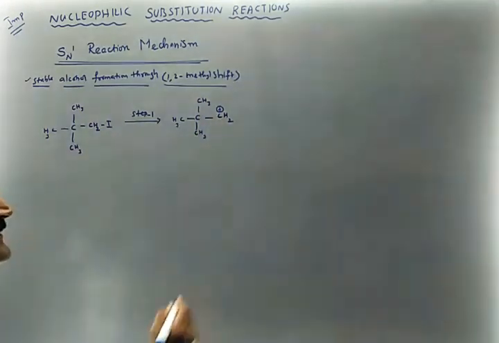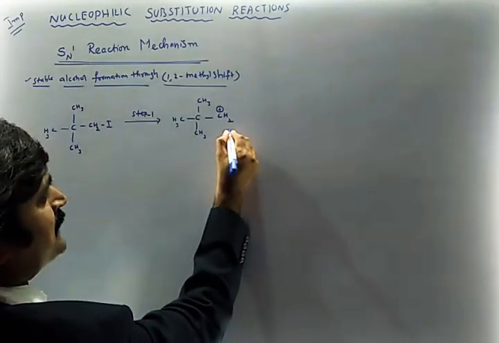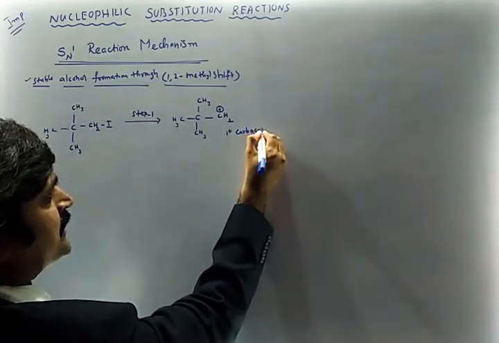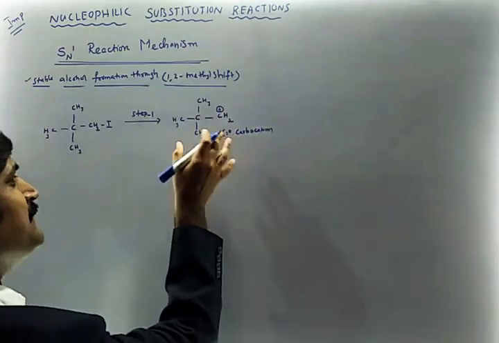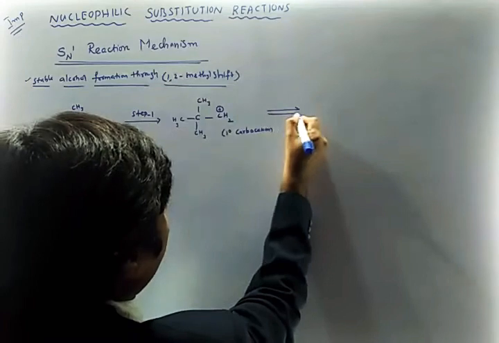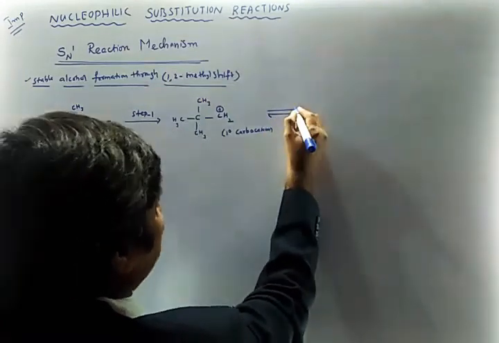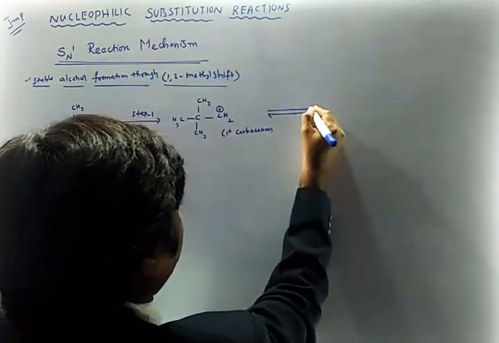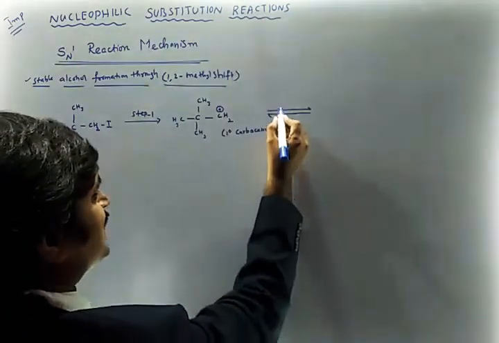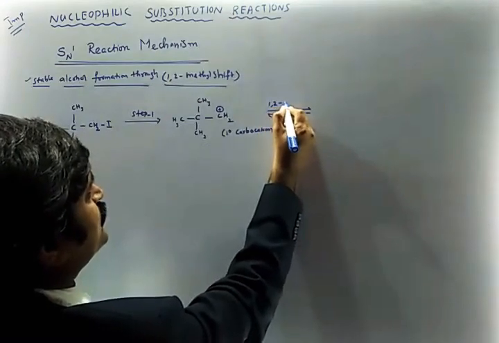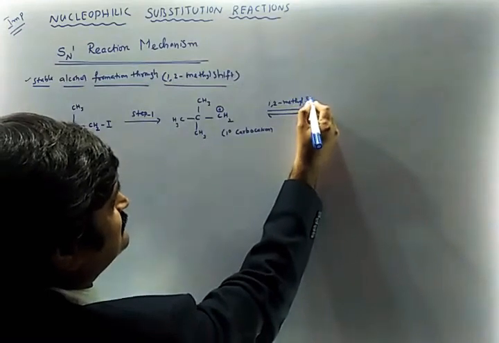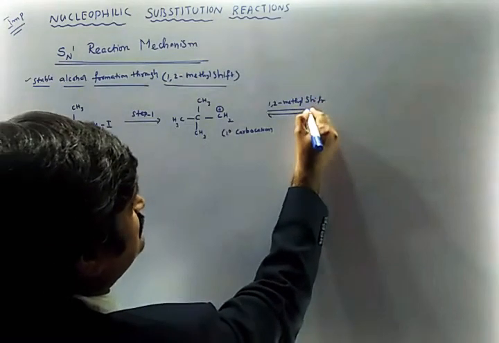This is a primary carbocation. As you all know, a primary carbocation is not stable. Then in this type of case it will undergo rearrangement to a tertiary carbocation. That rearrangement we call a 1,2 methyl shift.